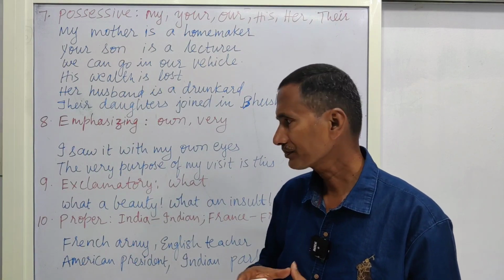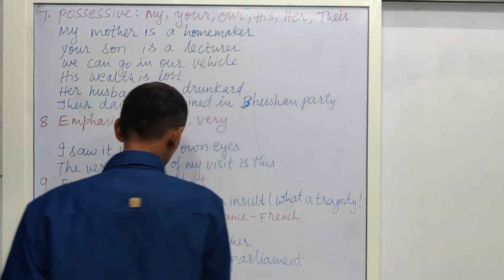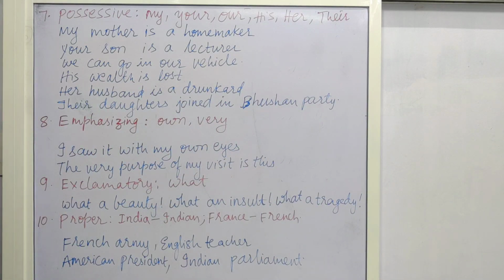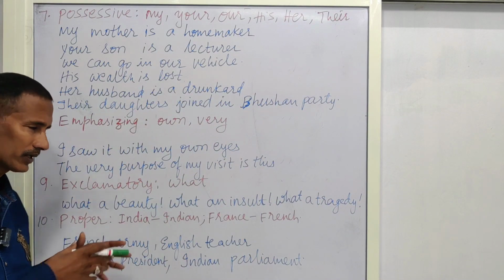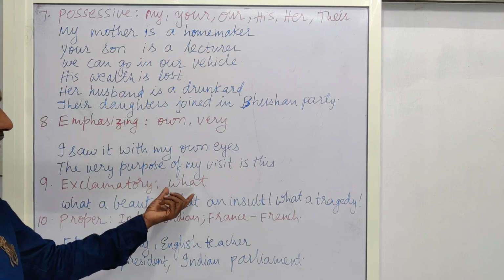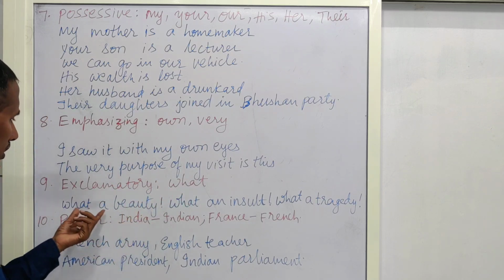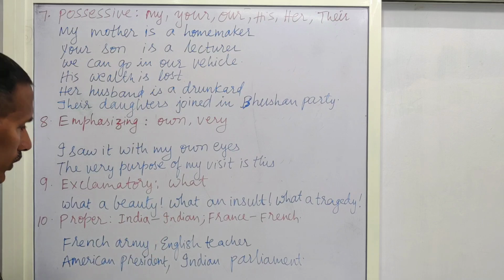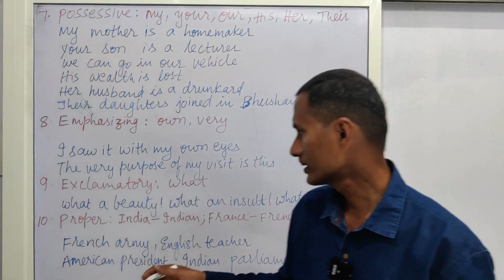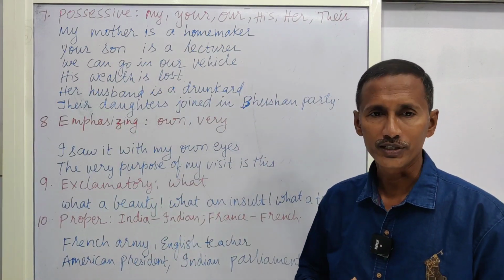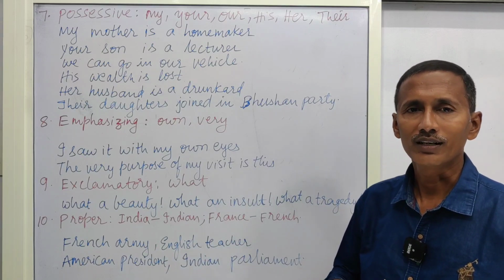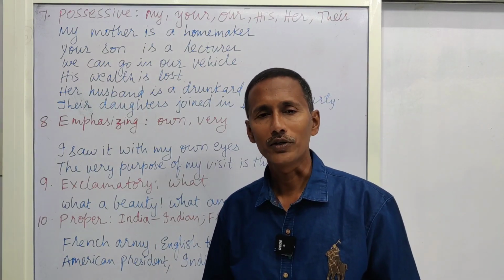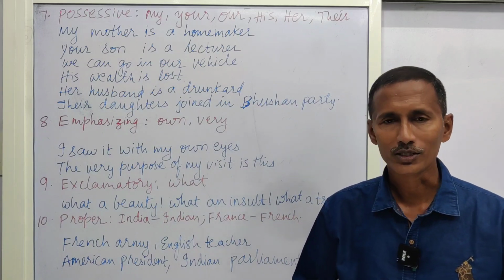Next comes the exclamatory adjective. Simply it is "what." Our grammarians classify it as an exclamatory adjective. The most commonly used is only "what." So here you can easily say, "What a beauty!" For example, some heroine is coming to the shoot.